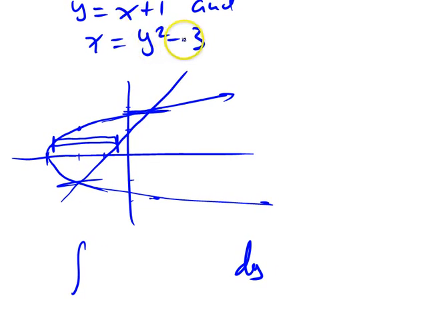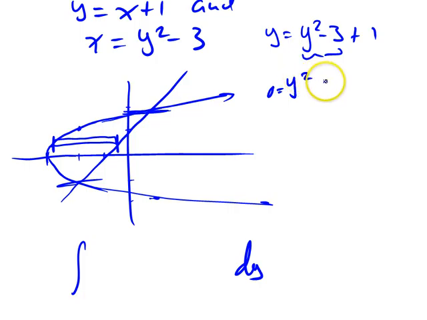Well, I'm interested in the y value, so what I'm going to do is take this x and plug it in there. And I've got y equals y squared minus 3 plus 1. That is, the y squared minus 3 was that x, and then you got a plus 1. So this is actually quadratic in y. If I get everything over on one side, I've got 0 equals y squared minus y minus 2.